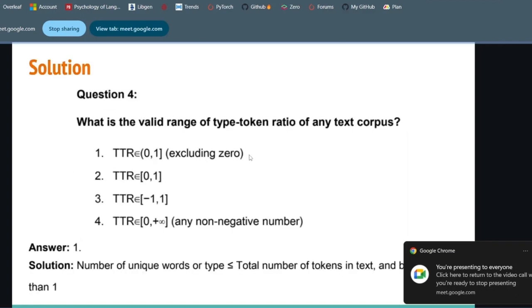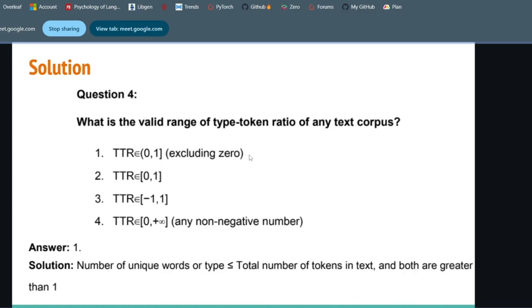So yes, most of you got the answer correct. It's option 1. In a corpus, the number of unique words or the number of types would be less than or equal to the number of tokens in the text. And since both of them are greater than 0, that would give us the value of the first option.